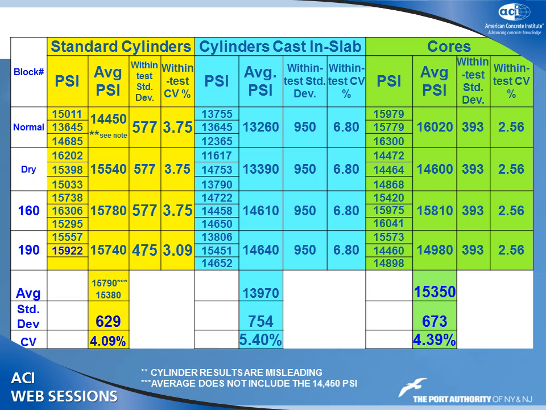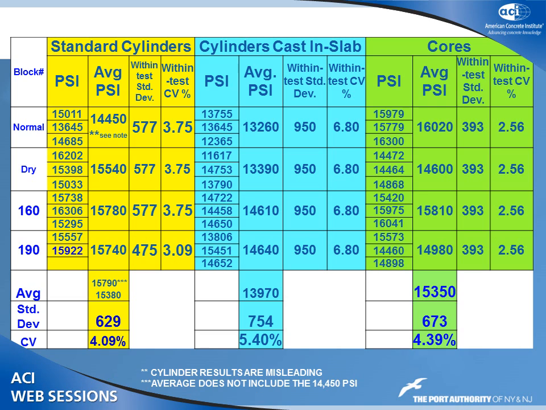And then again, when we attempted to get the concrete temperature up to 190 degrees, which we were not successful in doing, here's where we got the cylinders, again C31 cylinders that were cured in the slab, and cores taken out of the slab. If you take this one out, and I think there's something wrong with these cylinders without a doubt, we average cylinders 15,790.